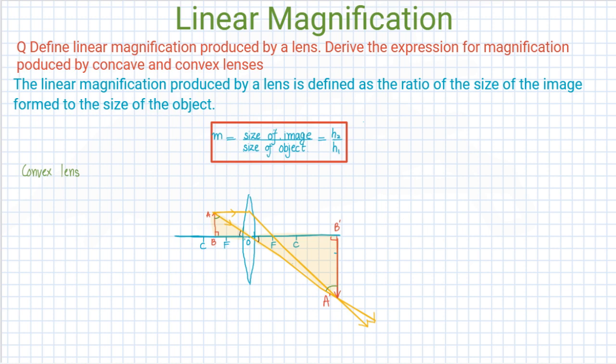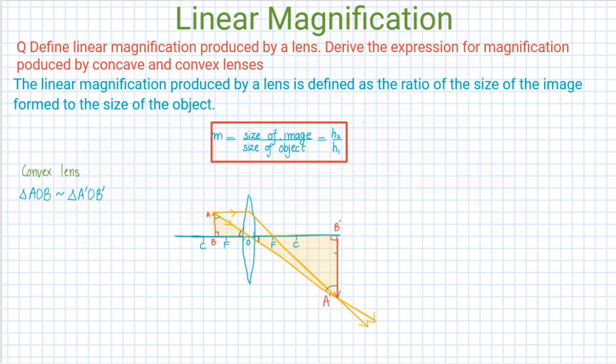So let me write down here: triangle AOB is similar to triangle A dash OB dash.